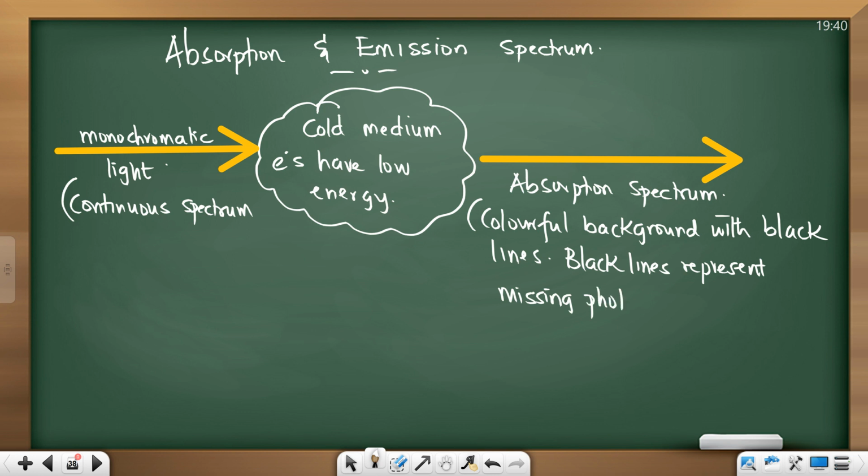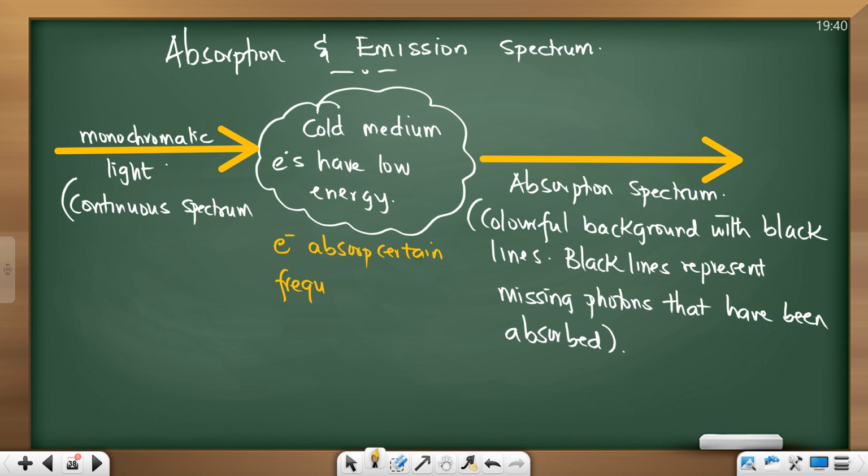And where are the missing photons? That have been absorbed. Oh, by the way, let's go back to electrons. Electrons absorb certain frequencies. Hence, they gain energy and move to an excited state.